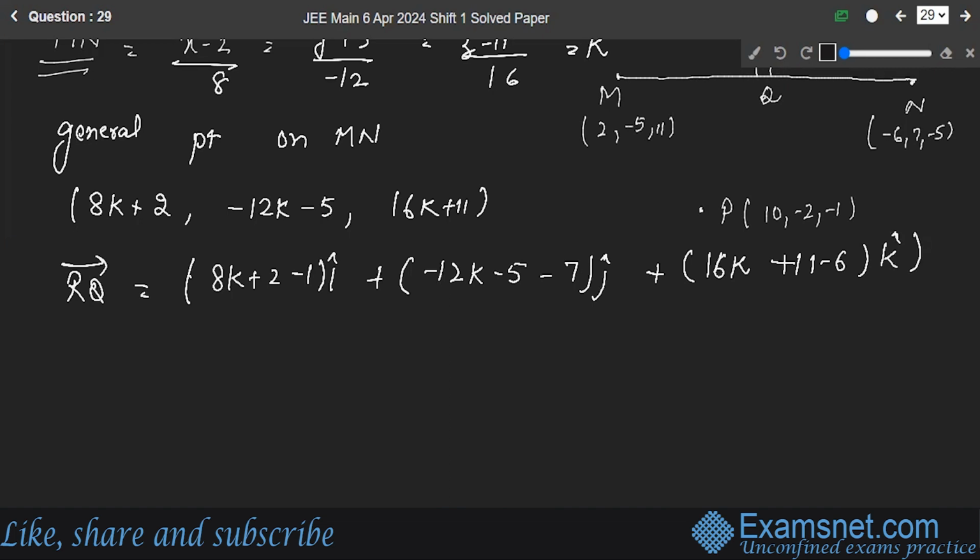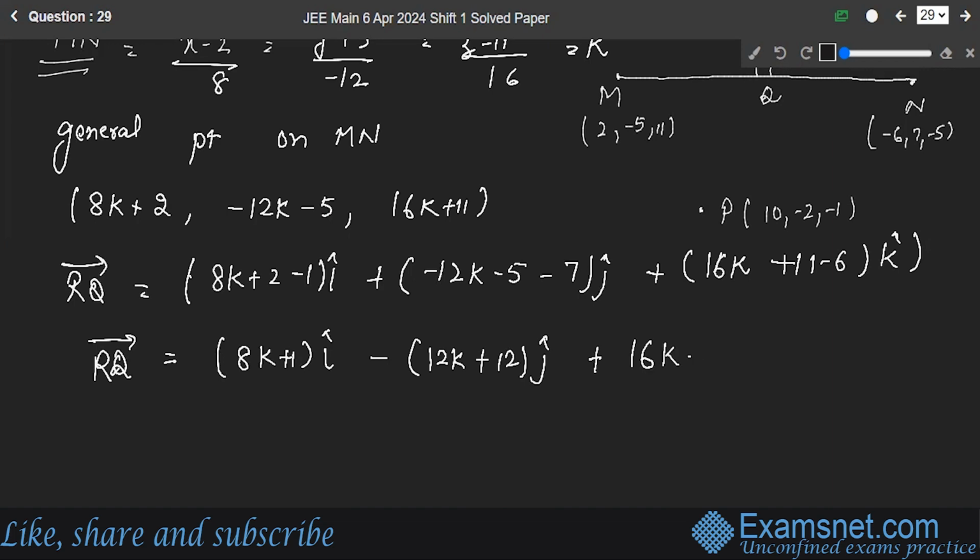So RQ is equal to (8k plus 1, minus 12k minus 12, 16k plus 5).